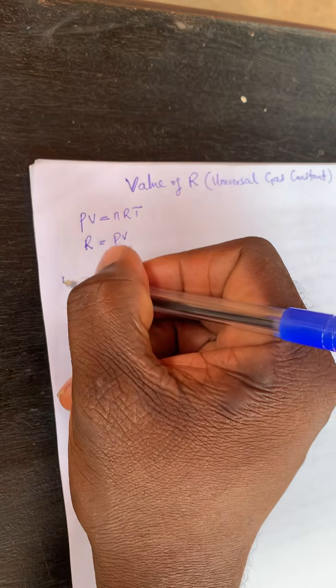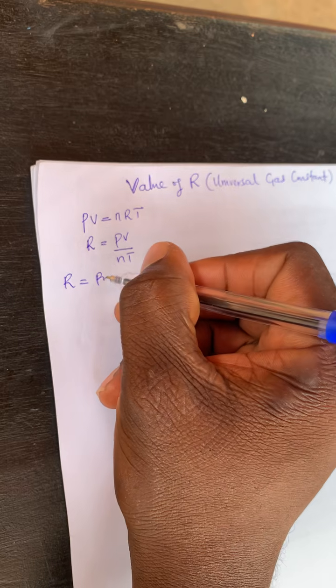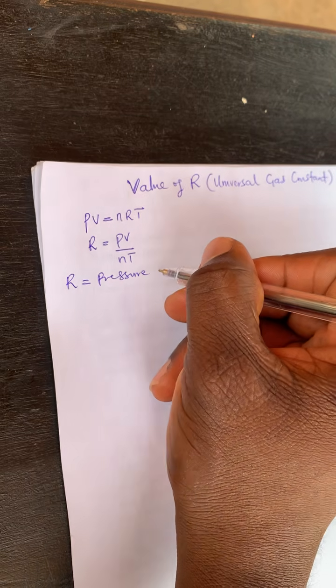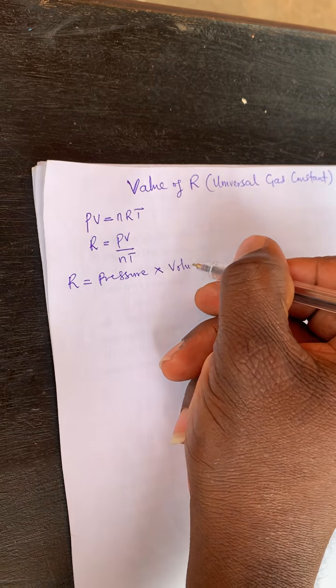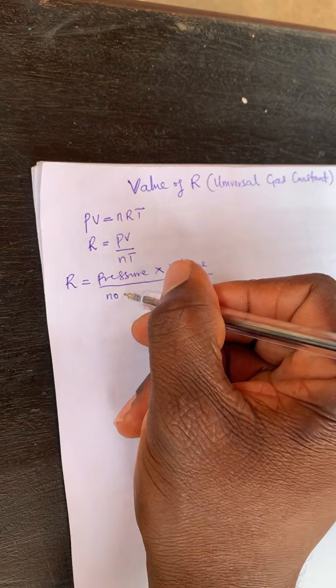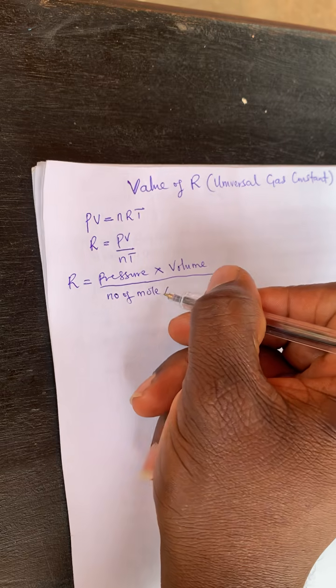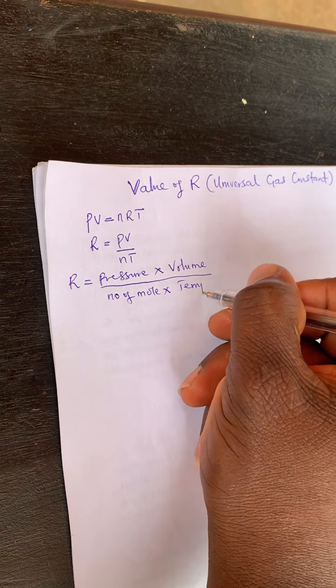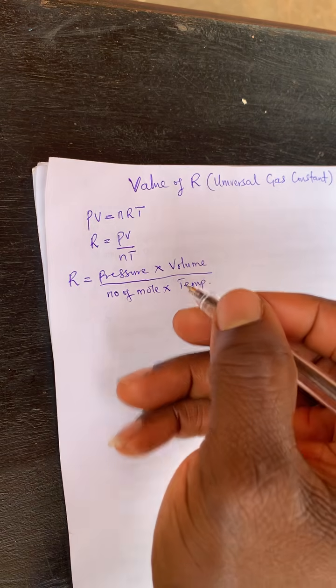Of course, we remember that for this R, P is pressure, V is volume, n is the number of moles of gas, and T is temperature in Kelvin.